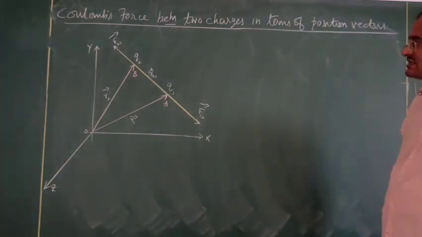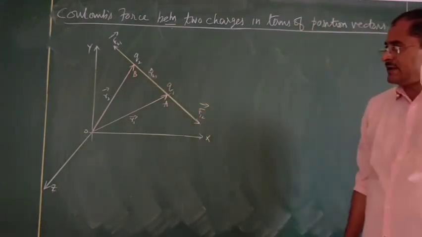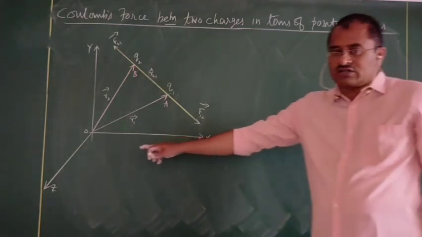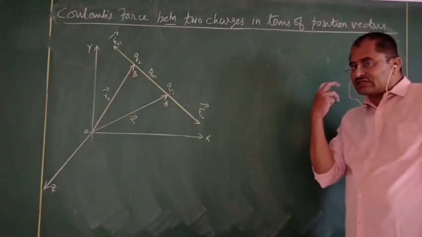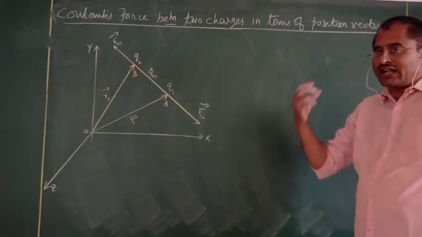There are 2 point charges Q1 and Q2 located at points A and B, and the position vectors of these two charges from the origin O are R1 and R2 respectively. I have shown this in a 3-dimensional coordinate system.